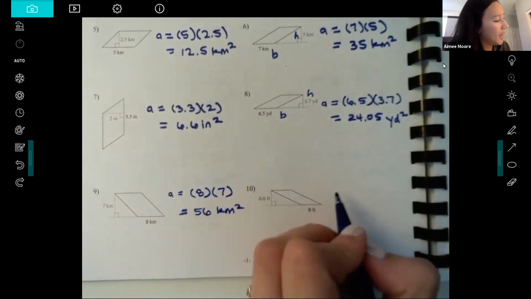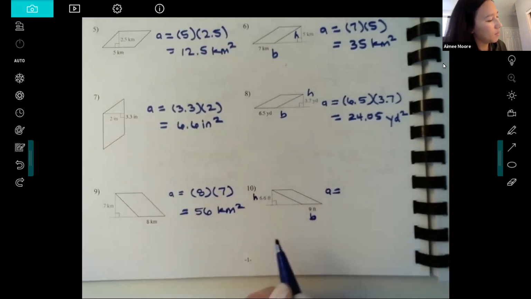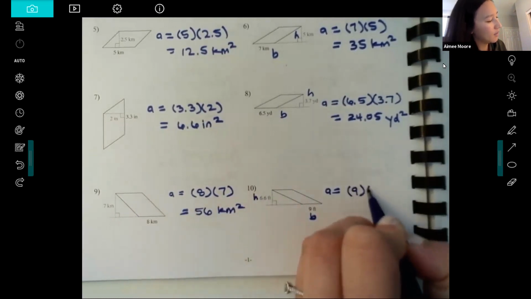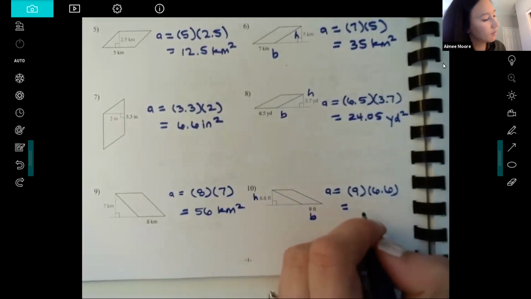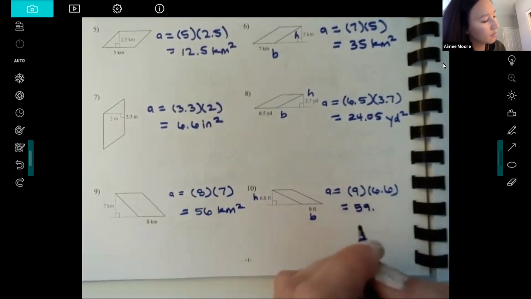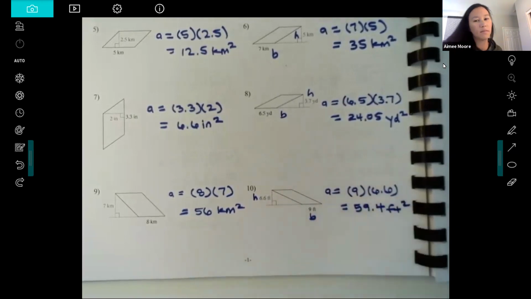Okay, and then number 10, we have our base, which is 9, and our height, which is 6.6. Oh, 59.4. Very good. Awesome. You've got it. Ready to keep moving along?